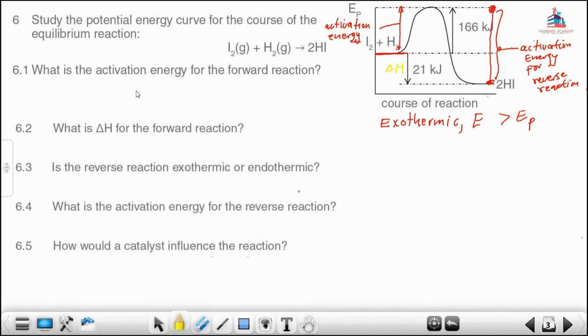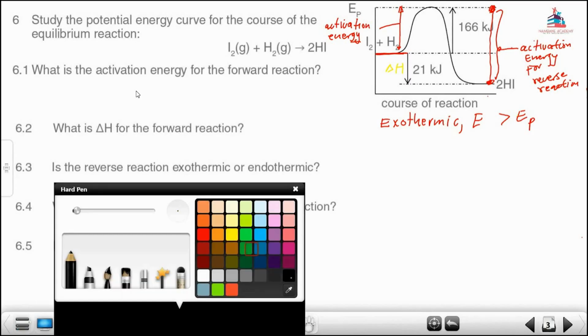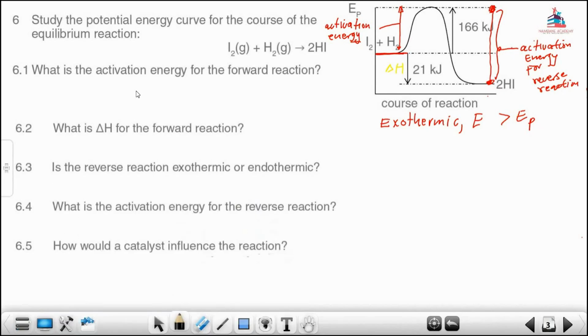So it's easy for us to say the answer should be 166 kilojoules.